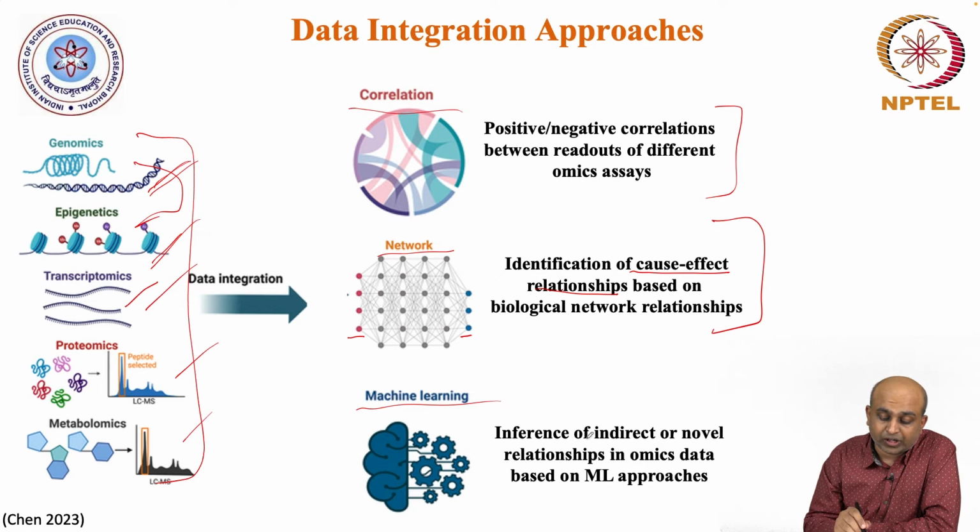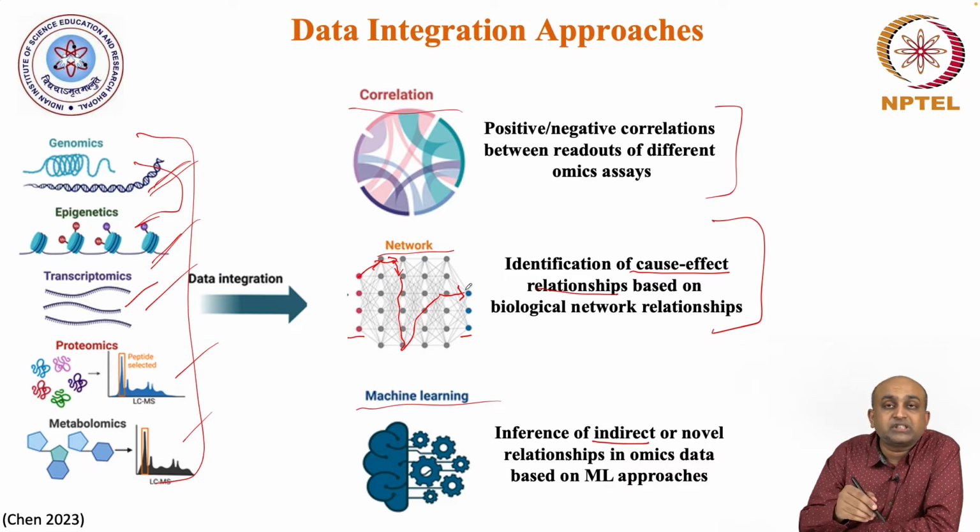Here you try to infer relationships that are indirect, that is, they may work through a series of entities which are not known. It could be that this particular gene acts on this gene, then this acts on this gene, and so on, a very indirect relationship that finally ends up affecting this gene.